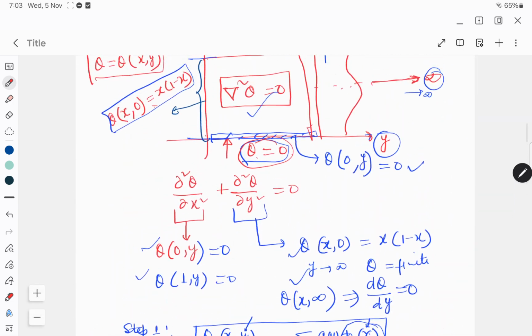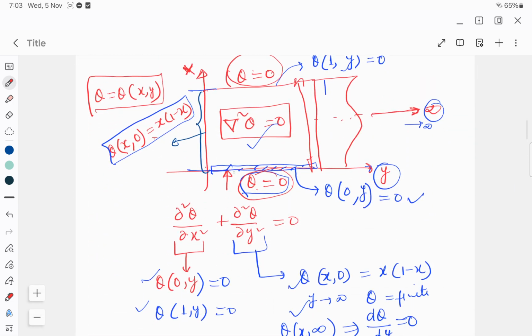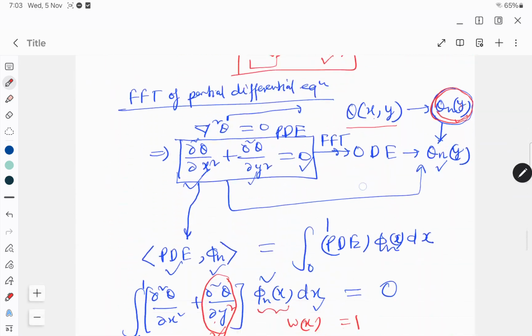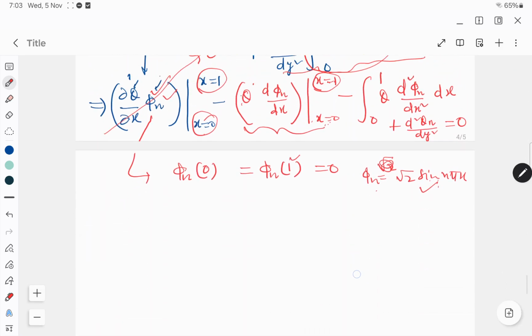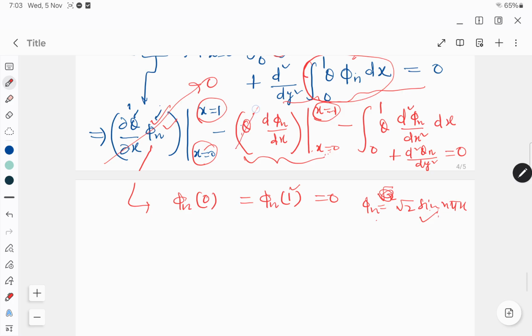The d phi n over dx we don't know, but it could be finite, because it will be a function of cos. But theta is equal to 0 at x is equal to 1, and theta is equal to 0 at x is equal to 0. So due to theta, this term also goes away. Earlier it was due to phi n, this time it is due to theta. So this term also reduces to 0 minus 0, that is 0.